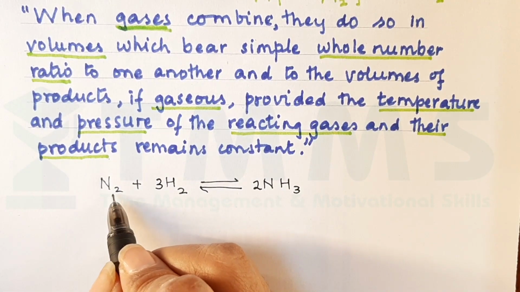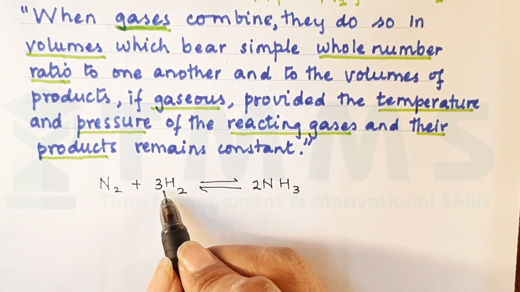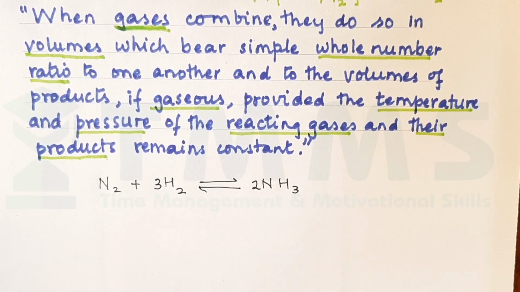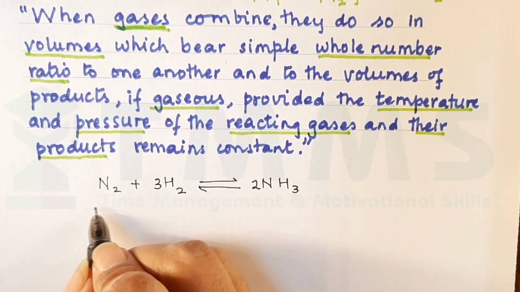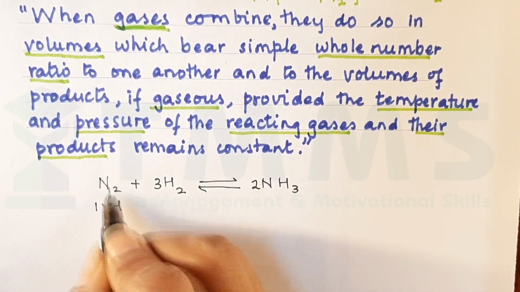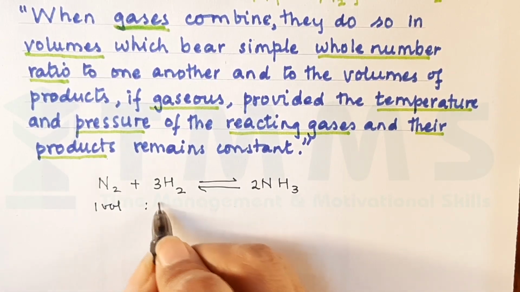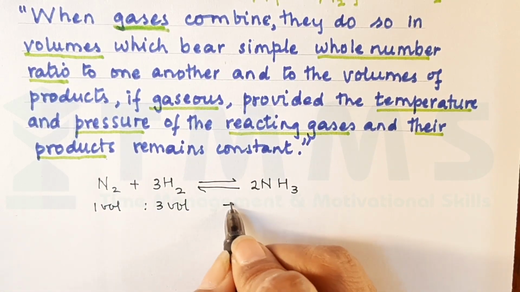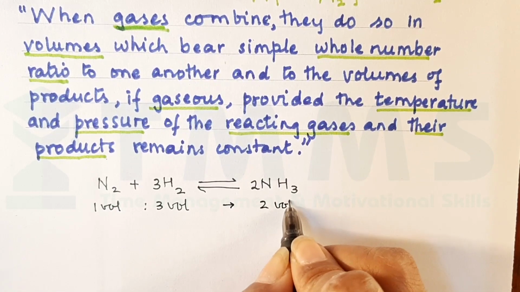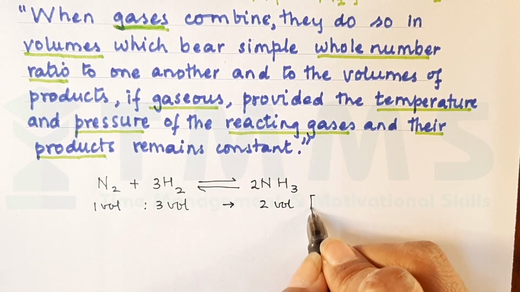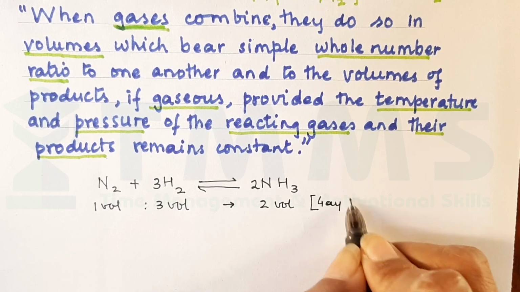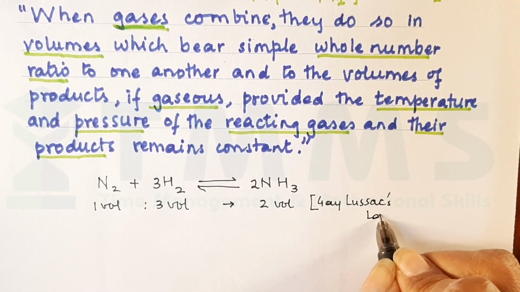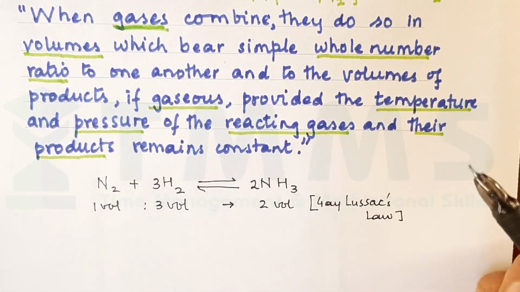So we have one molecule of nitrogen combining with 3 molecules of hydrogen and it is giving us 2 volumes of ammonia, which means if this is 1 volume of nitrogen, it will combine with 3 volumes of hydrogen and that will give us 2 volumes of ammonia. And this is because of our Gay-Lussac's law. What does Gay-Lussac's law say? You have to know this by heart.